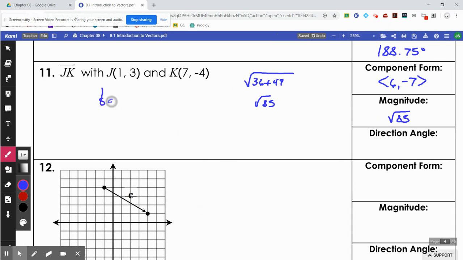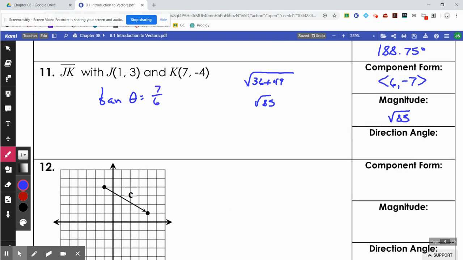The tangent of my reference angle will equal b over a. Again, disregard the positives and negatives. So its tan is 7 over 6. So therefore, that tells me that theta would equal 49.40 degrees. Since we are in the, let's see, that would be the (6, -7).